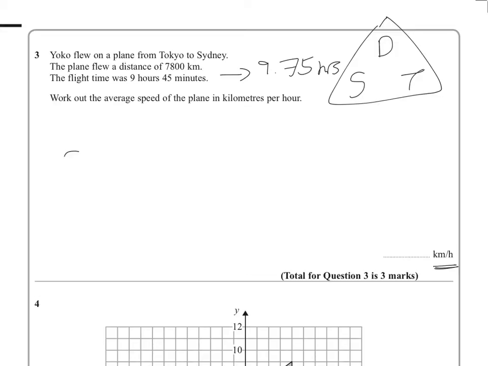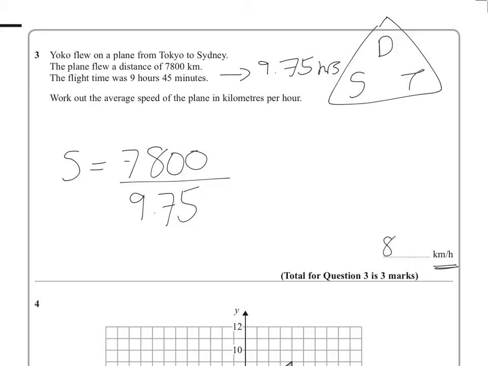So speed equals distance divided by my time, which gives me a solution of 800 kilometres per hour.